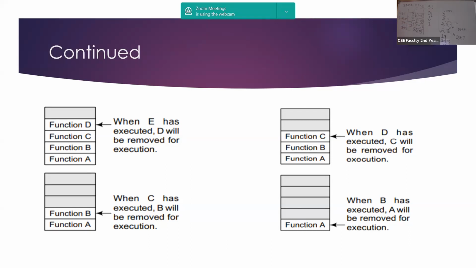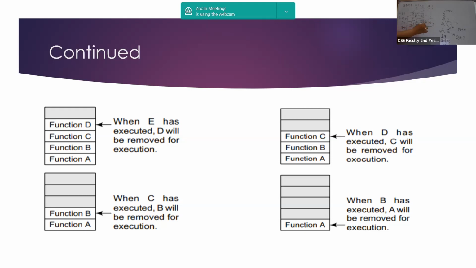So this base case will return the value 1 to this one, and this will be popped. So this got 1, and its 1 factorial is also 1.